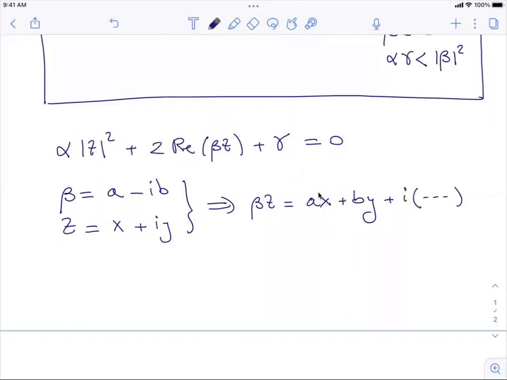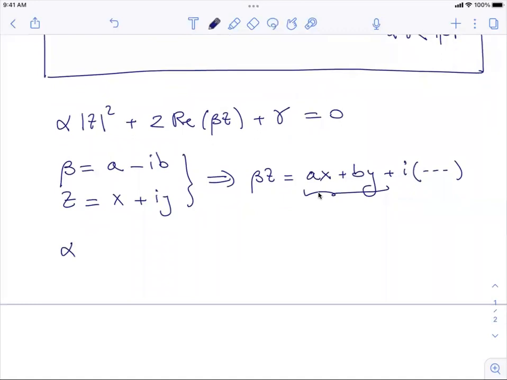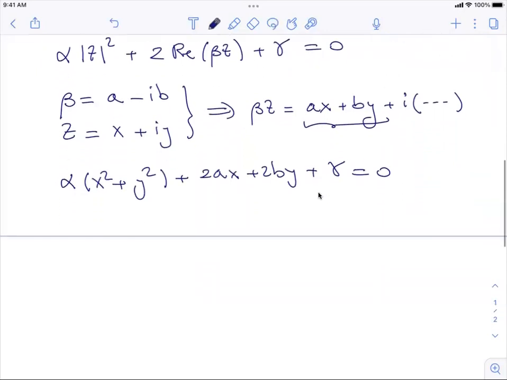That doesn't matter; this is the real part we are looking at. So then we have alpha times x squared plus y squared plus 2ax plus 2by plus gamma equals 0. And this is a much more reasonable equation for a circle.